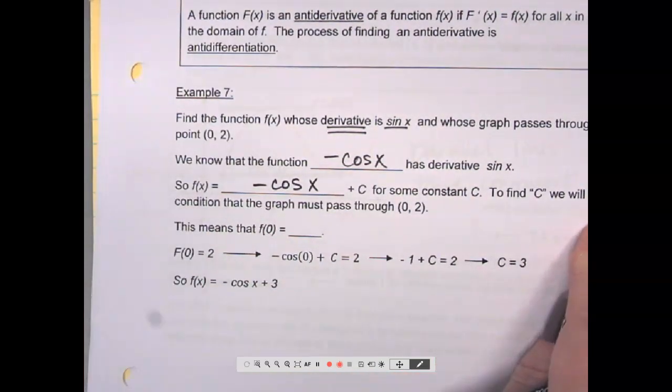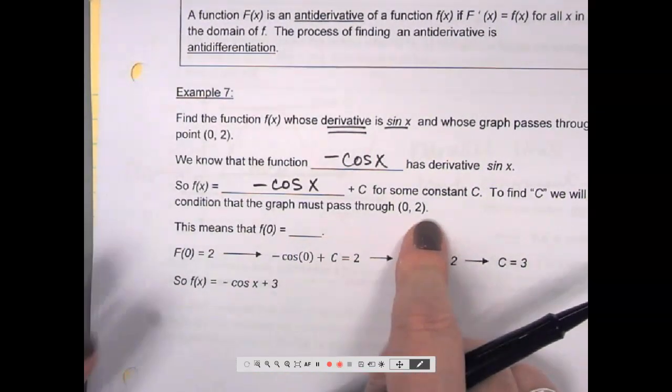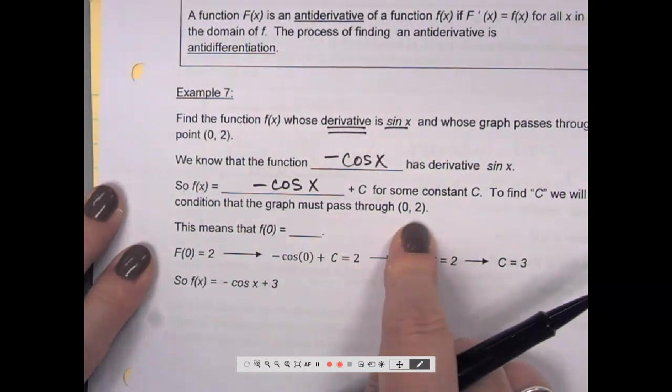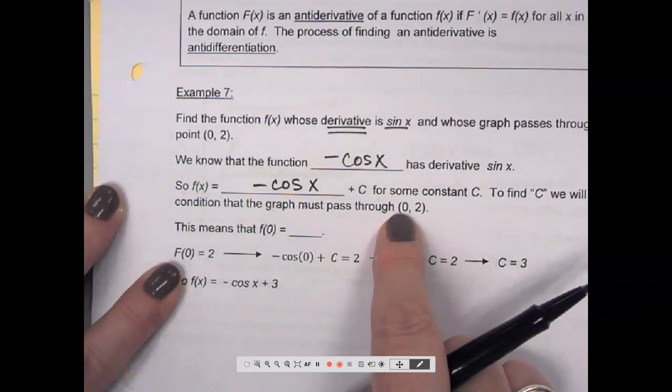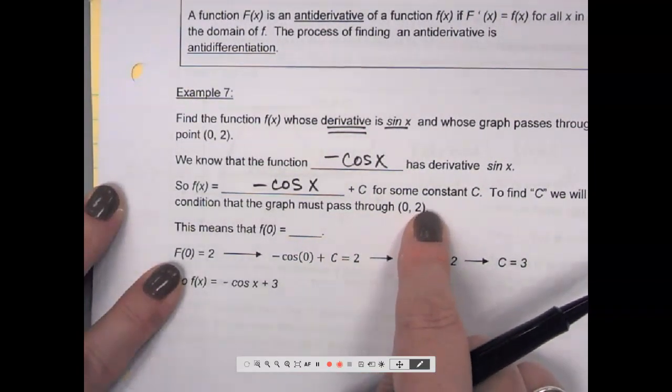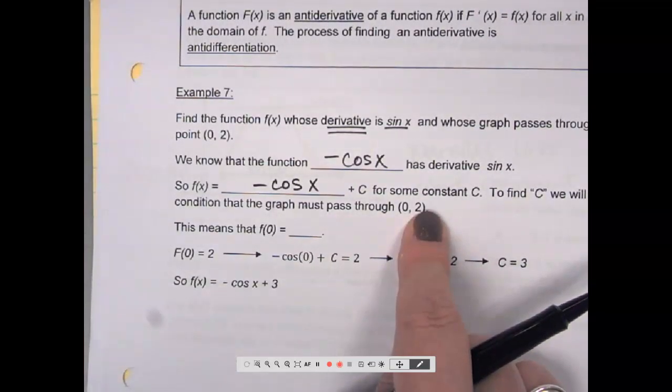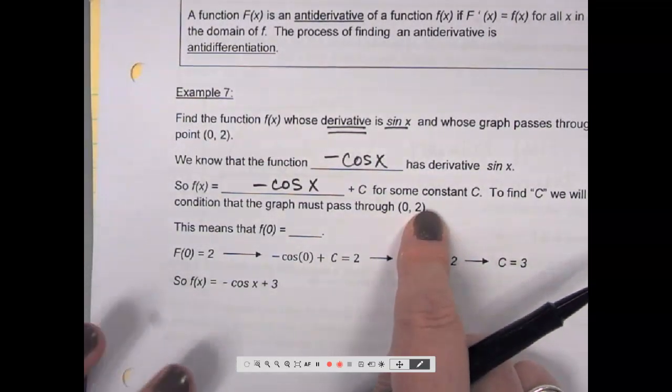To find c, we will use the condition that the graph must pass through 0, 2. So what I'm going to do is take 0 for my x, take 2 for my y, and I'm going to sub them in and figure out what the c value is.